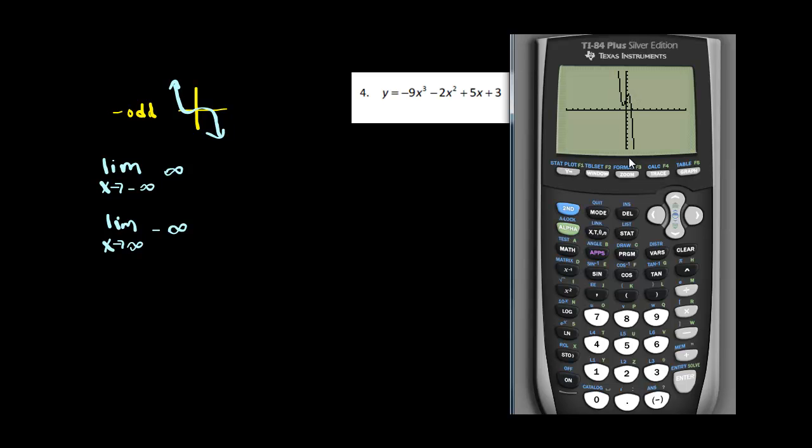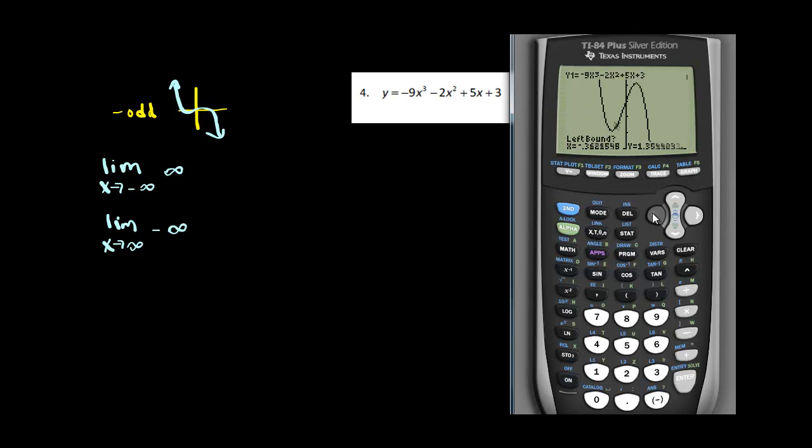So let's zoom in over there. So we clearly see the local min and the local max. So let's do second trace minimum.